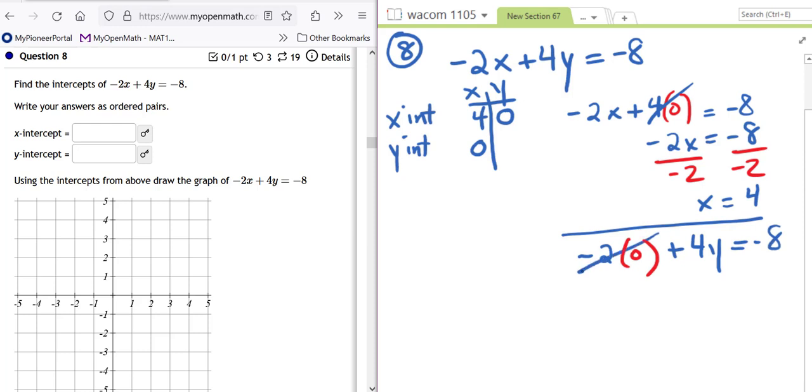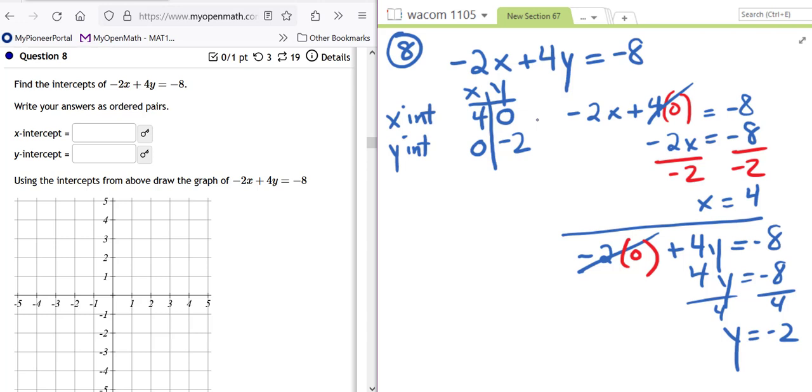This one will cross off, so that makes it nice. 4y equals negative 8 divided by 4. And so you get y equals negative 2. That's enough to draw the graph when you have intercepts. Intercepts, you have a built-in check because you know they're supposed to land on the x or y axis.